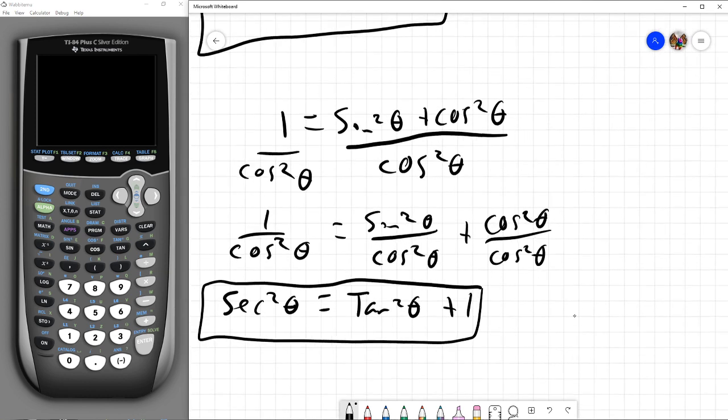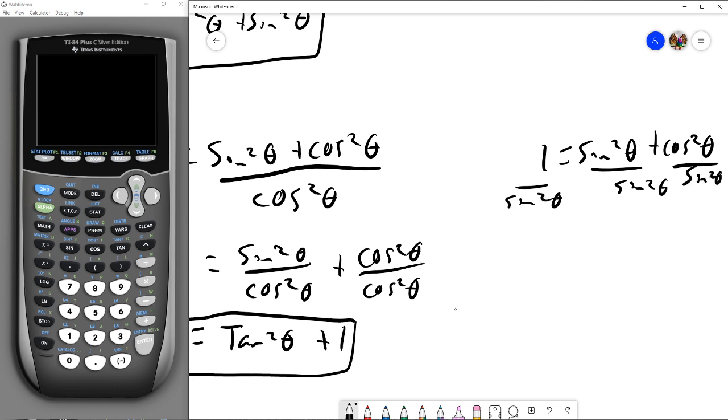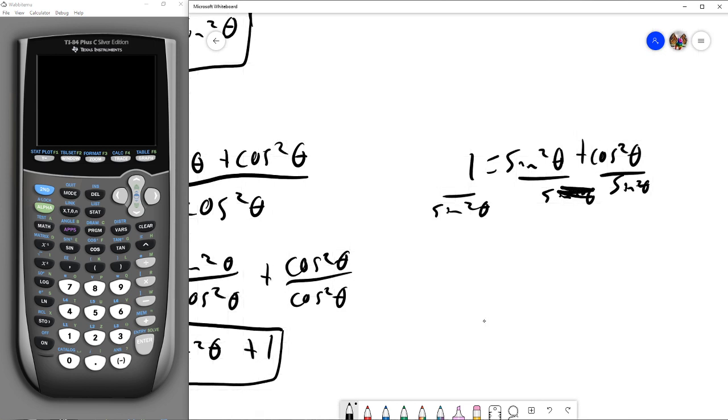In fact, we'll do the same process here. If 1 is equal to sine squared theta plus cosine squared theta, then we can divide everything by sine squared theta. We're just dividing everything.